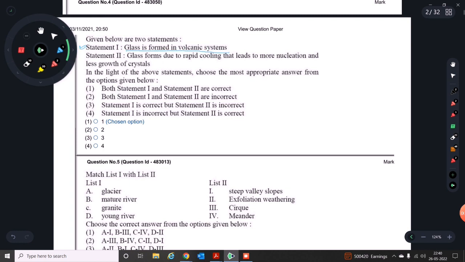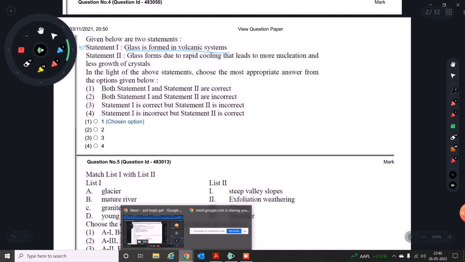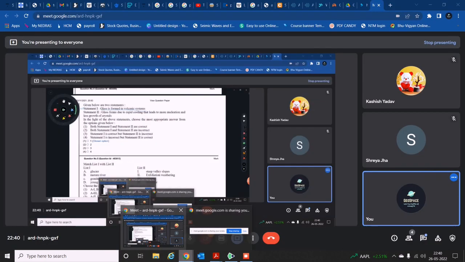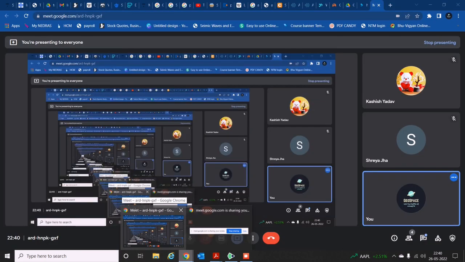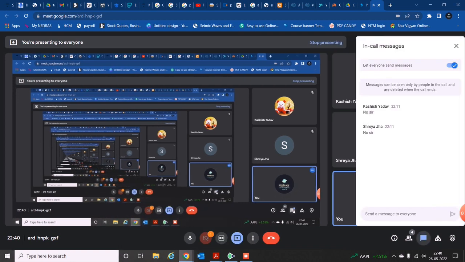Statement 1 says glass is formed in volcanic systems. What do you say? Is it correct or not?